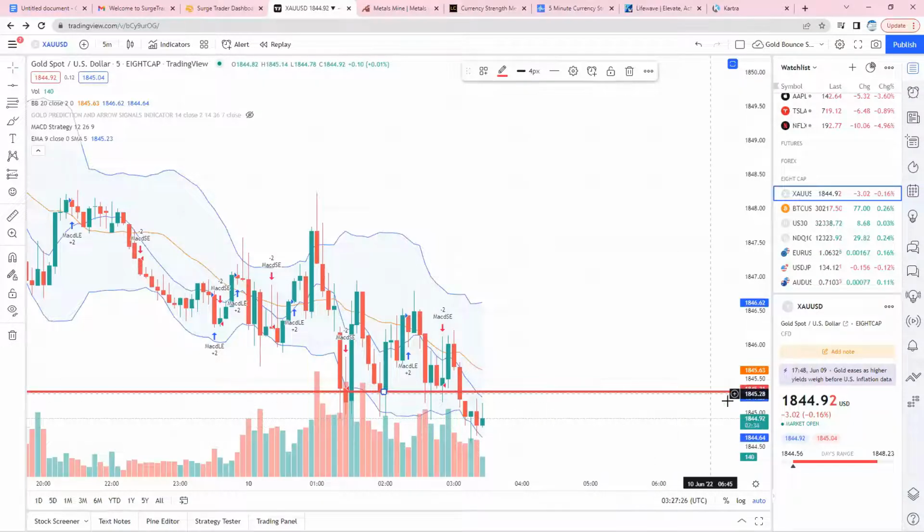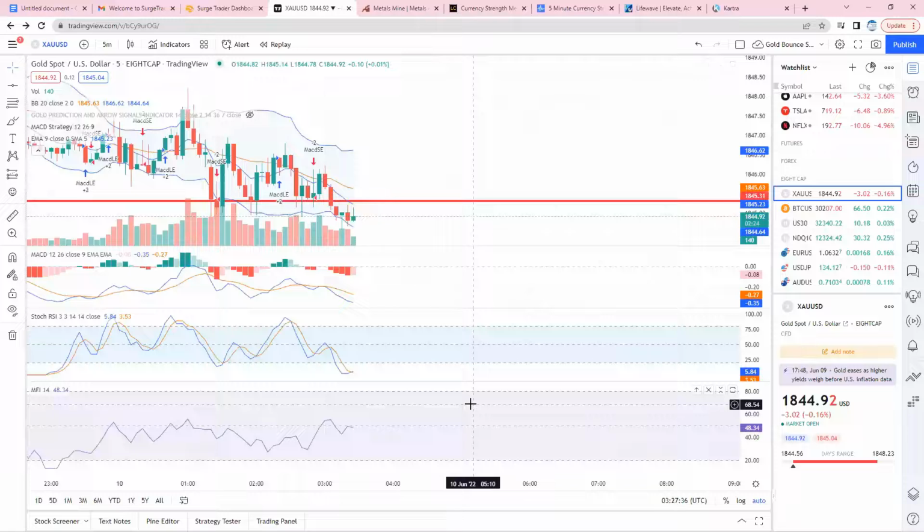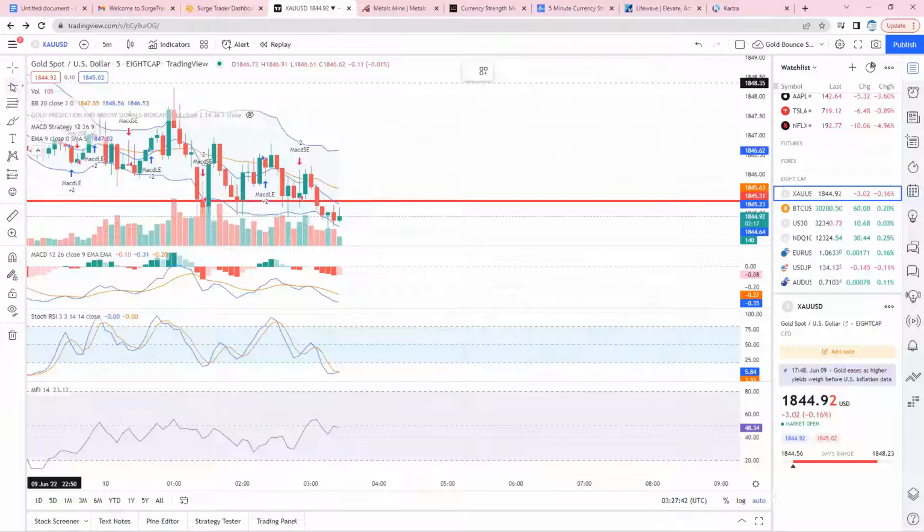Oh, the target price right here, 1845.30. This red line. And the stop loss? The stop loss is $1 over that, so it's 1846.30. Yeah, 1846.30.